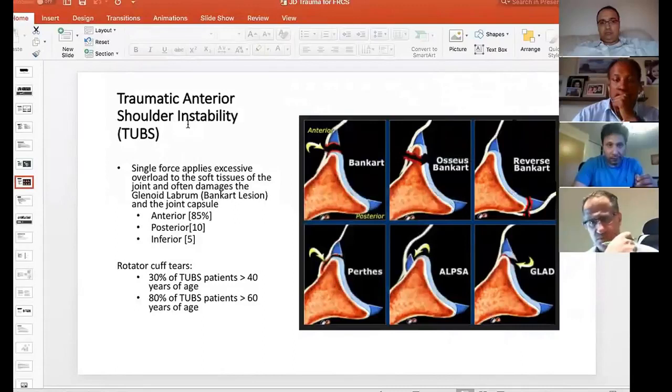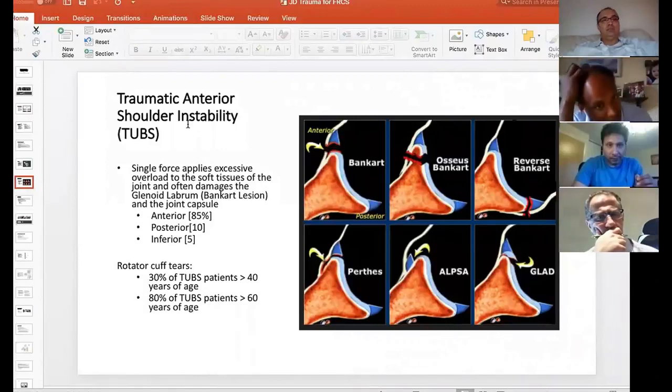Again, the age of the patient makes a huge difference in diagnosing, and also in terms of what other pathology you will find. If it's more than 40, you can have a rotator cuff tear, but if it's more than 60, rotator cuff tears are extremely common.